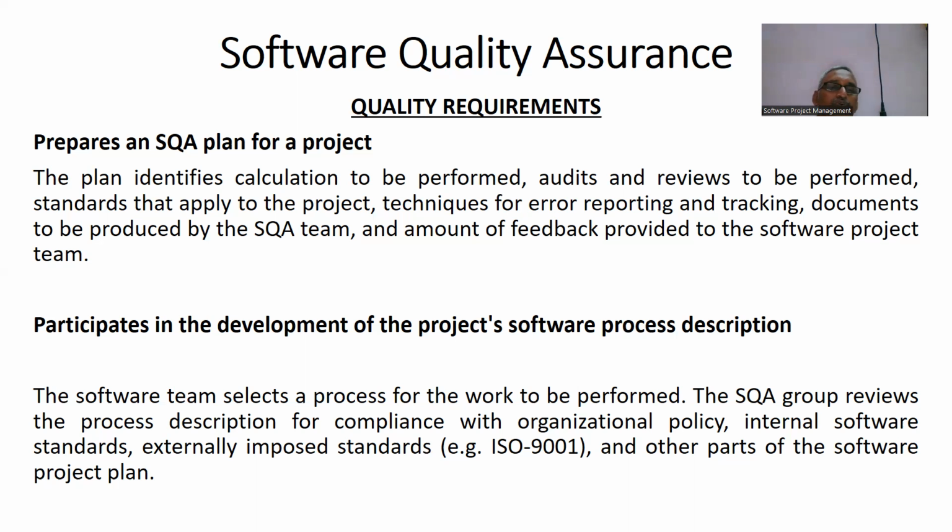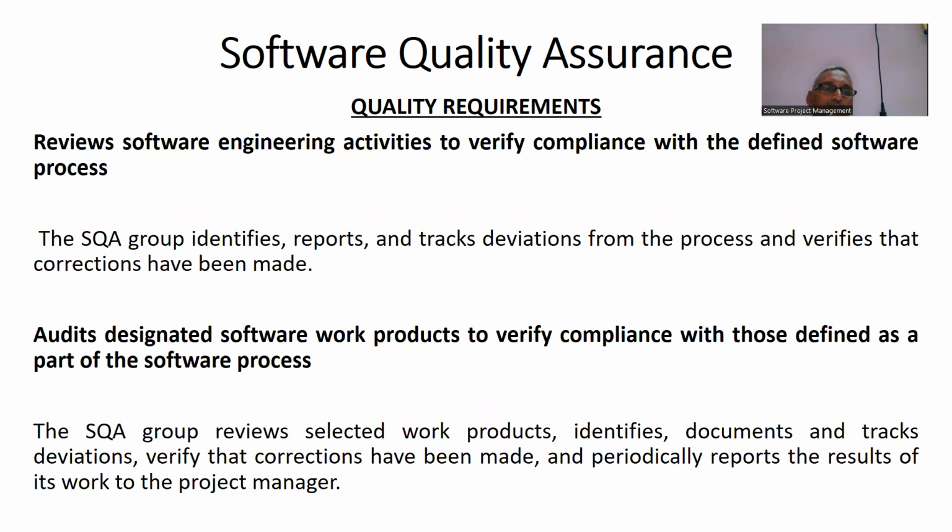Next one, reviews engineering activities to verify compliance with the defined software process. The software quality assurance group identifies, reports, and tracks deviations from the process and verifies that corrections have been made.